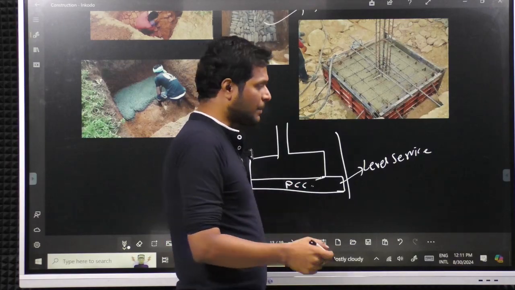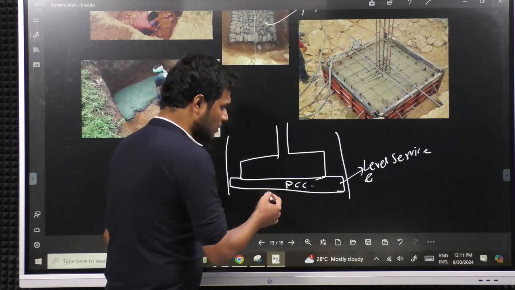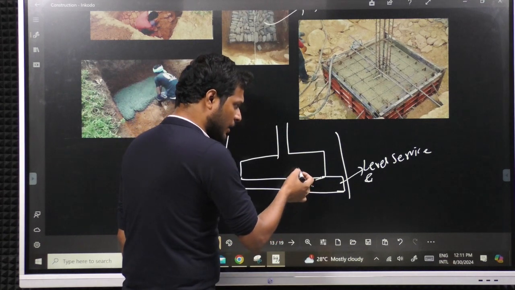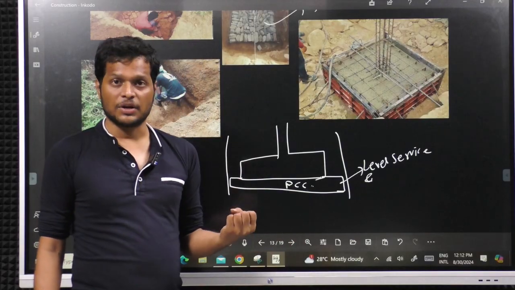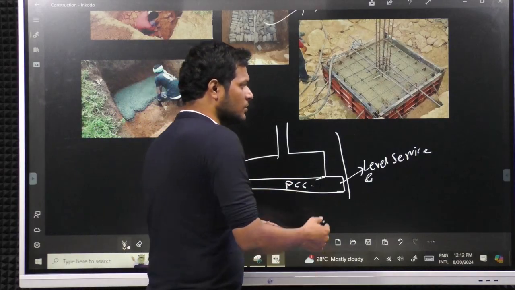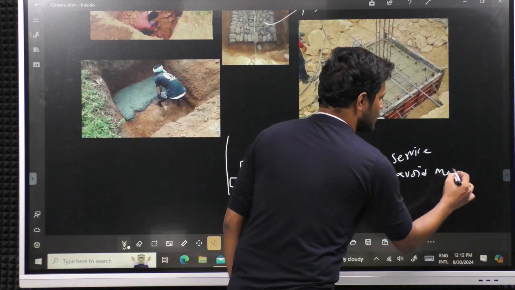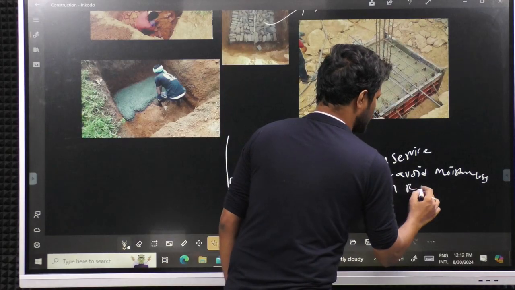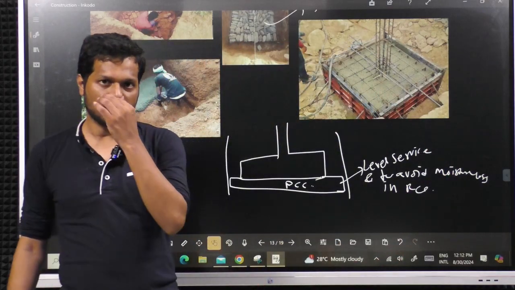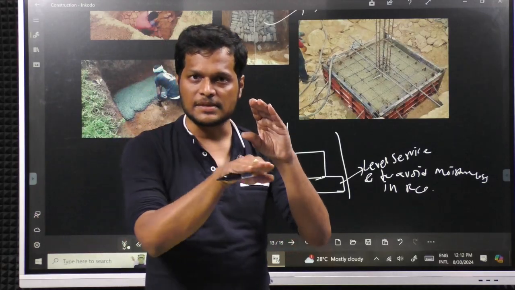And one more main purpose, this is the actual main reason: whatever moisture is there in the concrete will be taken by the soil. Soil will be absorbing the moisture. So to avoid moisture loss in RCC, wherever you have RCC in contact with the soil, you will see a PCC layer in between.